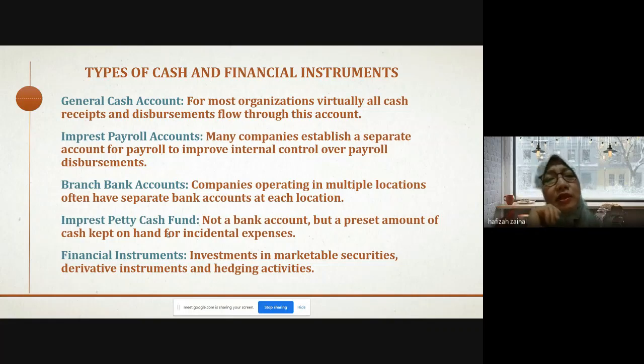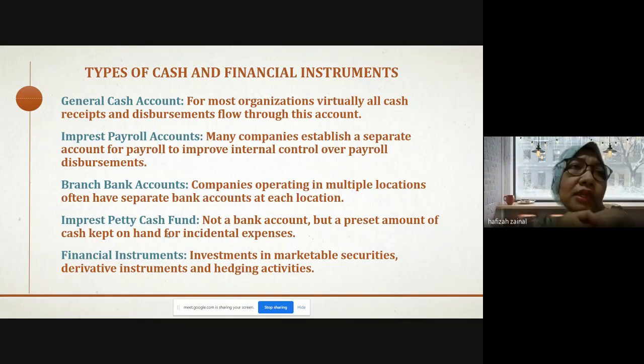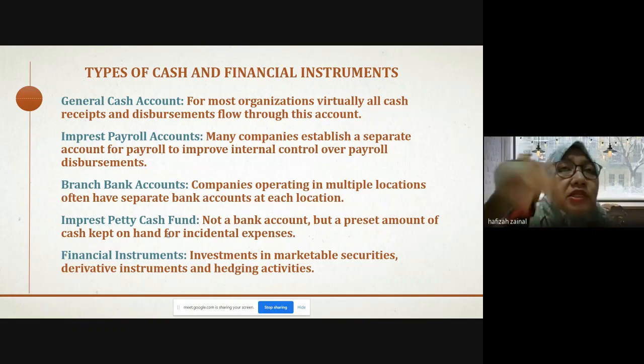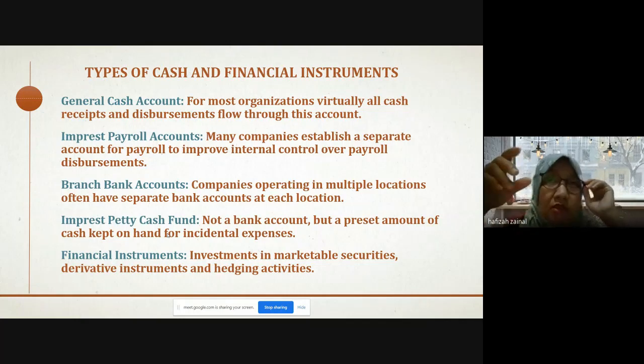A branch bank account is normally used when you have many branches, because sometimes you are a company that has a presence of many branches. In that case, every branch would have their own account, so you have many banks, because each location would have its own bank account. Alternatively, you can also centralize. So it depends on how you want to handle your bank accounts between you and the branches.